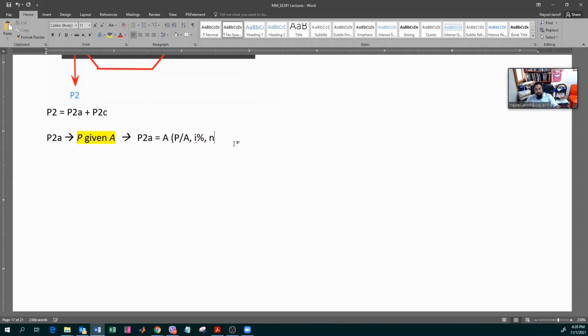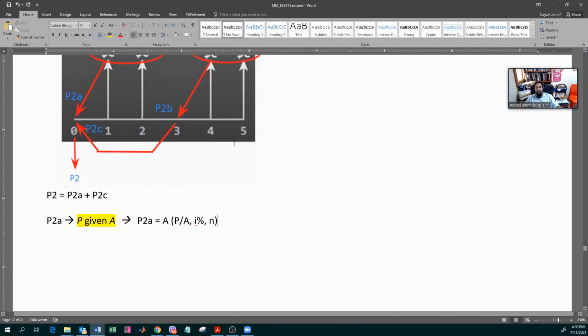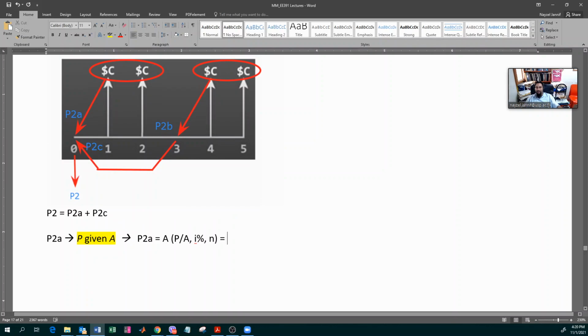And our number of intervals. Okay. Now, this is the catch now. What is our value of A? Let's do the substitution. What is the value of A? The value of A is unknown. It's C, which we take as a variable. But for us as engineers, it's no big deal.